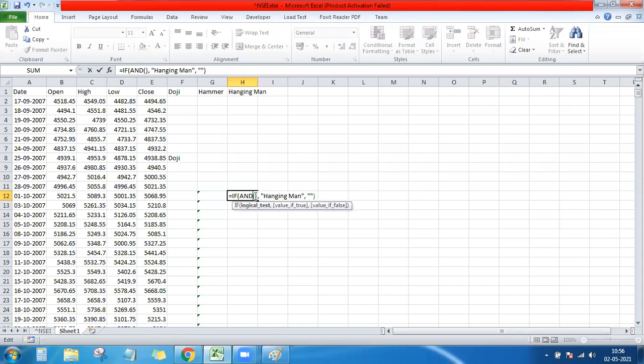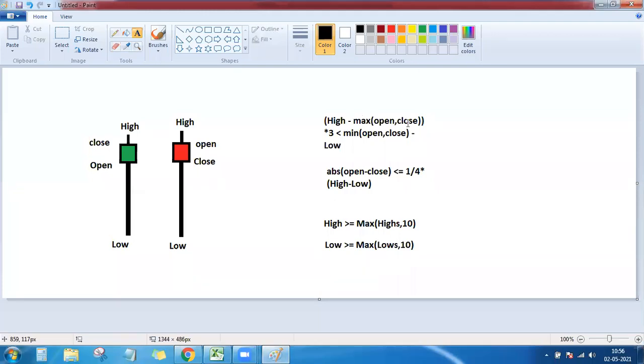And the first condition in this: high minus maximum of open comma close.